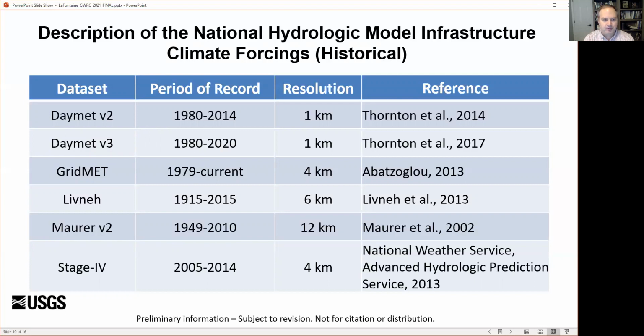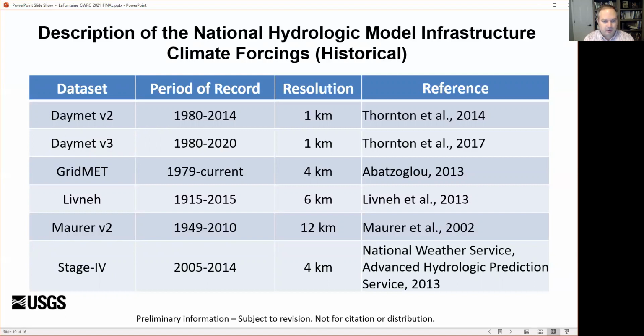There are a couple of different versions of Daymet; these are all daily time step, gridded products of varying spatial resolutions. Daymet is 1 kilometer resolution for the recent past. gridMET is a 4 kilometer version that we're currently using, and it updates until yesterday, whereas Daymet updates the previous year, usually within 6 months into the next year.